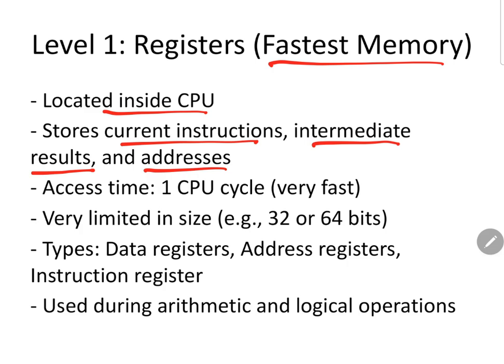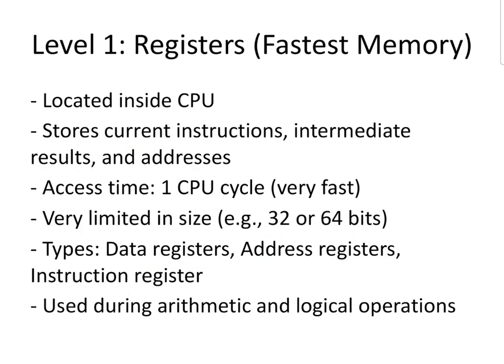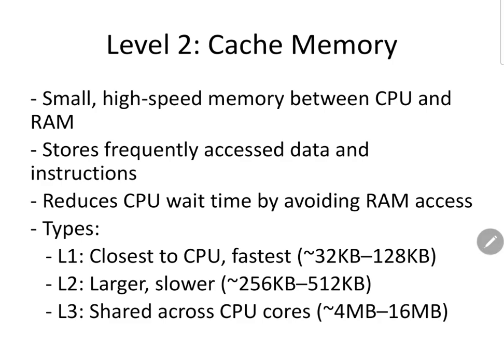They are very limited in size, typically 32 or 64 bit, and this includes instruction registers for storing the instructions, data registers for storing the intermediate data, or an address register to store the addresses, and this is used during arithmetic and logical operations. So this is registers. Now let us move ahead with the second level, that is cache memory.